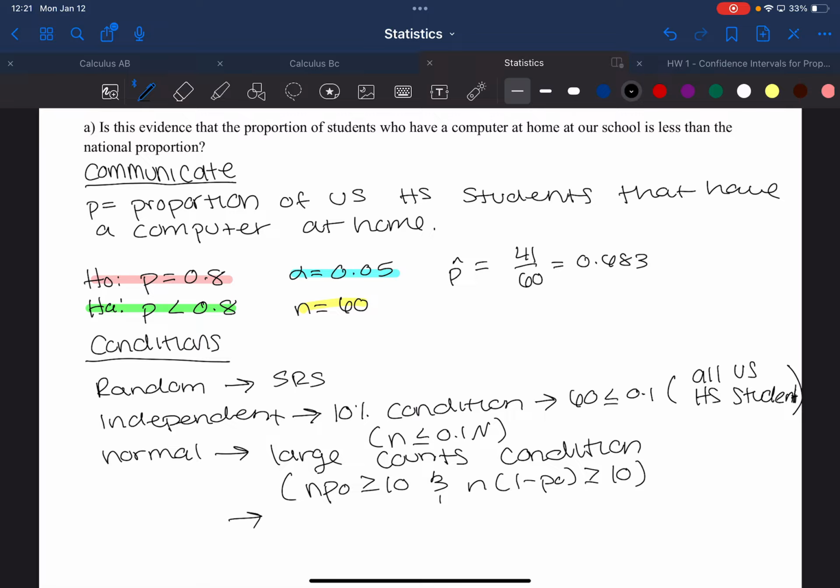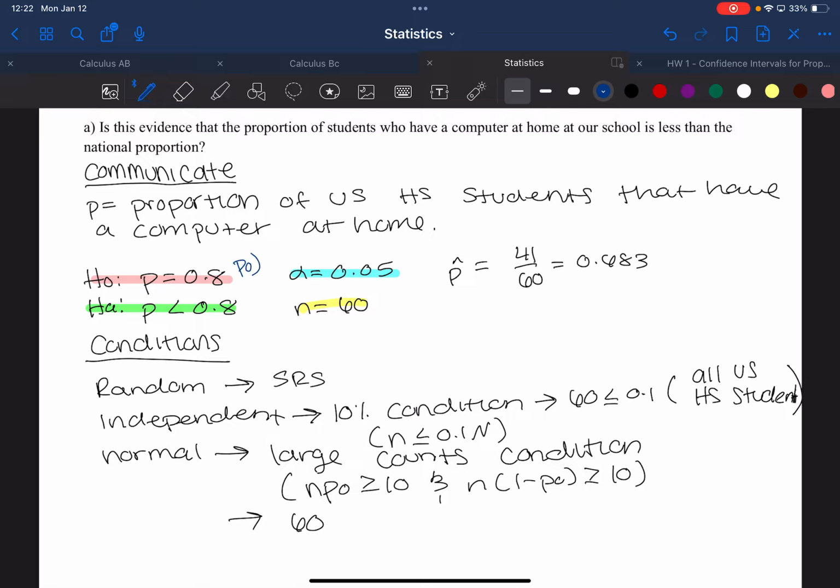So this would be 60 times P naught. What does P naught stand for? The claimed proportion. And what is the claimed proportion in our hypotheses? 0.8.